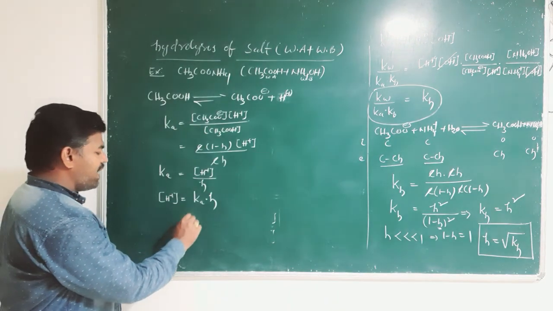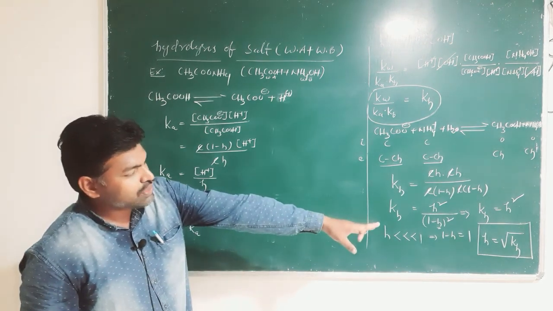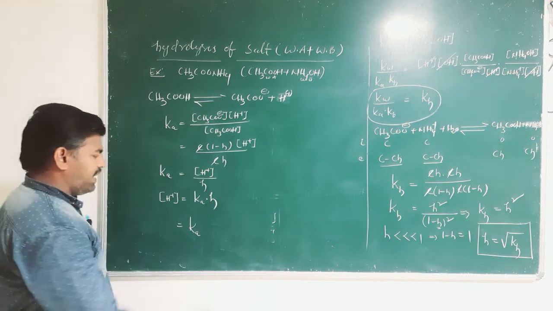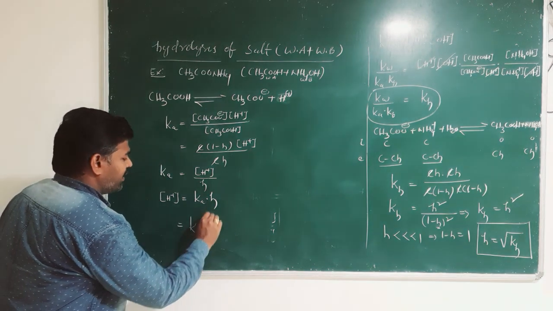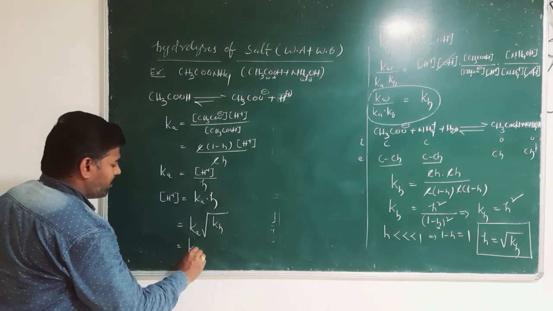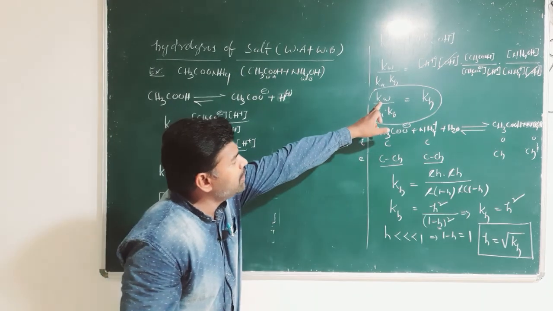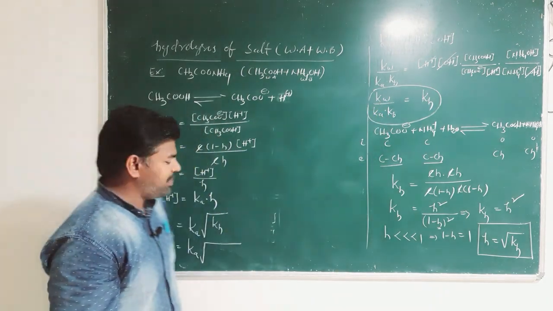Okay. So, Ka, what is h? h is root Kh. So, instead of h we can write root Kh. What is Kh? Kh is equal to Kw by Ka into Kb.